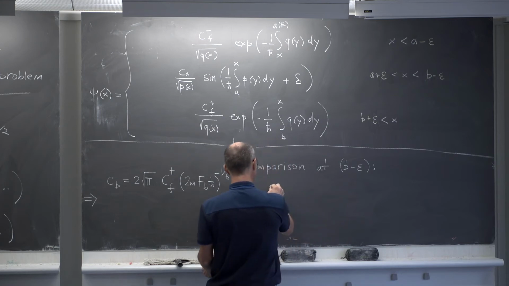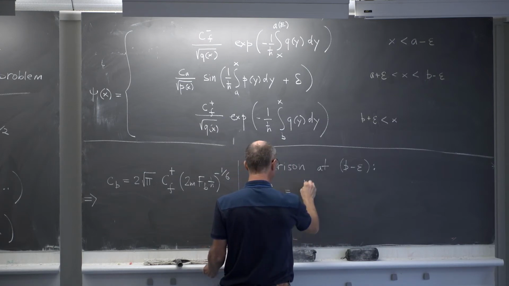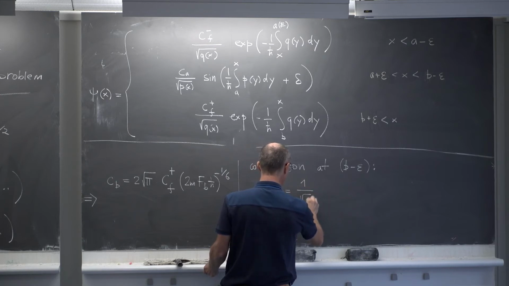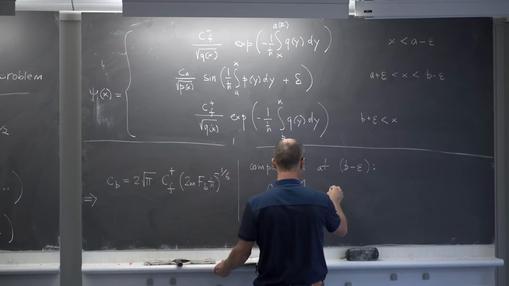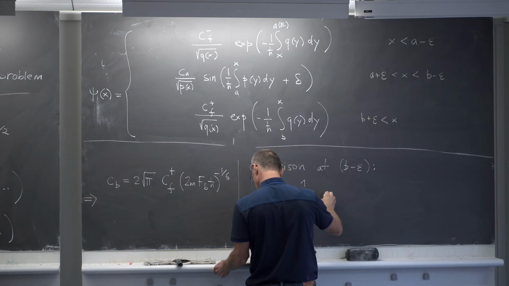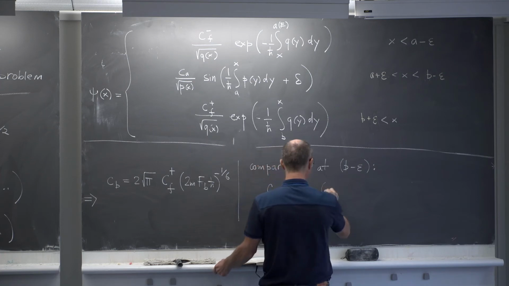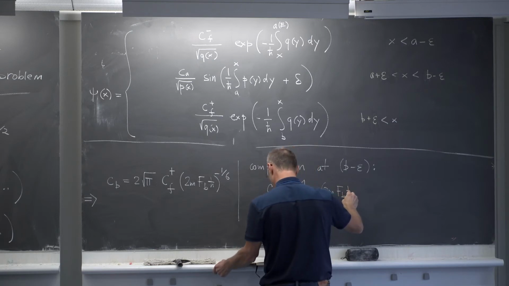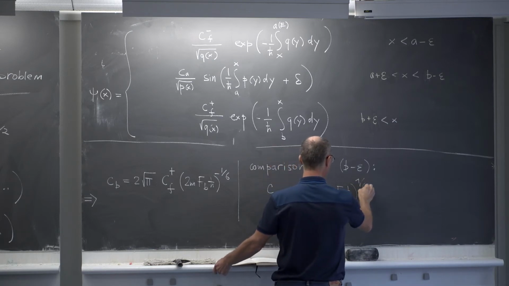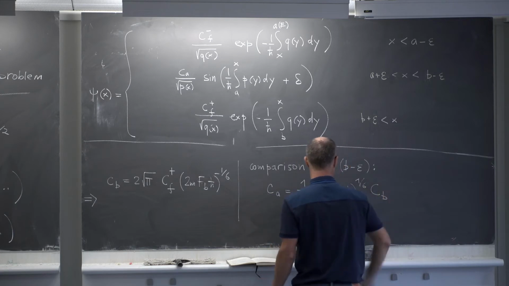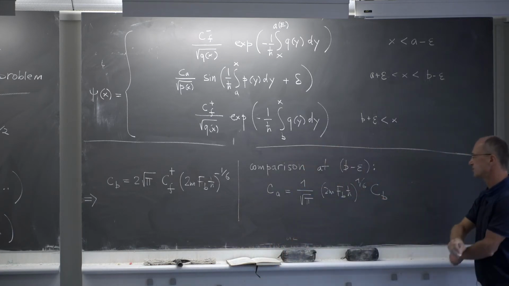It tells you that c allowed is equal to 1 minus square root of pi, times (2m f_b over h bar) to the power 1 over 6, times the Airy constant.